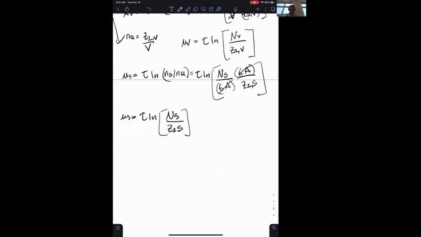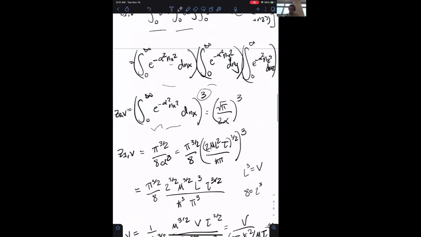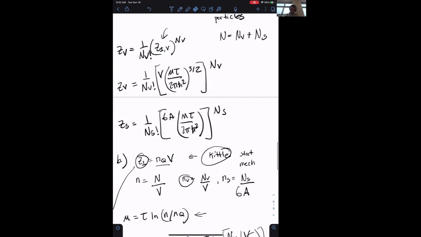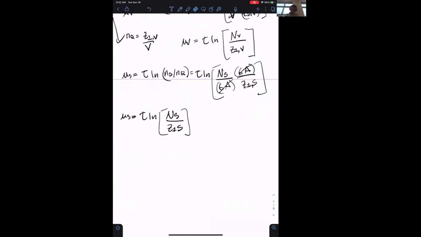Now the last key part in this problem that you have to know is that the particles obey Boltzmann statistics. They behave like an ideal gas, which means that the box should always be in thermodynamic equilibrium. So if there were a really large amount of particles on the surface, they would just slowly go to the volume and vice versa.